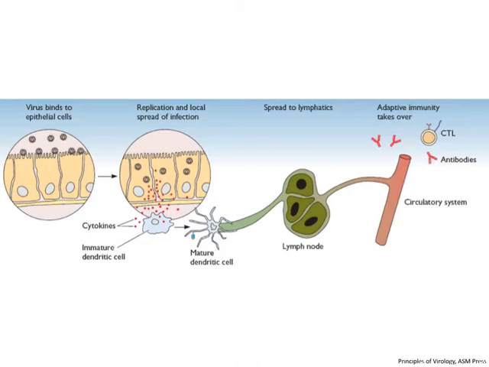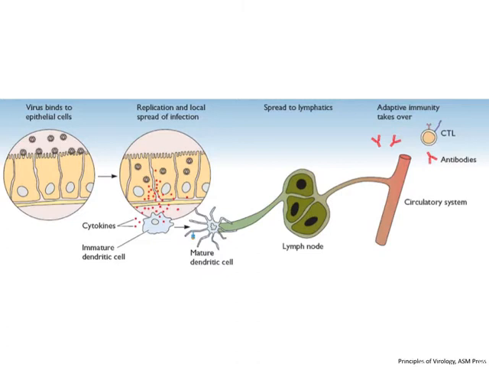The cytokines attract dendritic cells and macrophages, and then the infected cells will die, releasing bits of viral DNA or RNA and protein. The dendritic cells, macrophages, will pick that up because they phagocytose material. They will sense it as well and then travel to the lymph node. And all this is mediated by chemokines that tell the dendritic cells where to go.